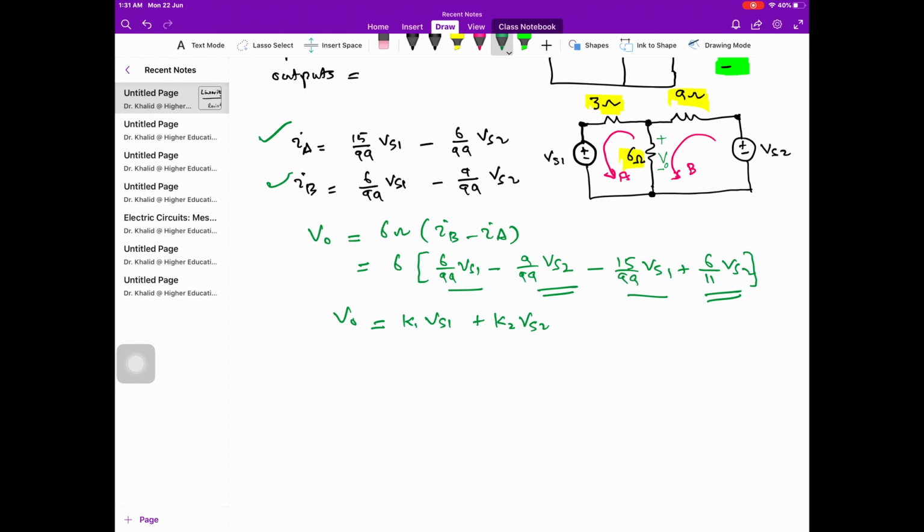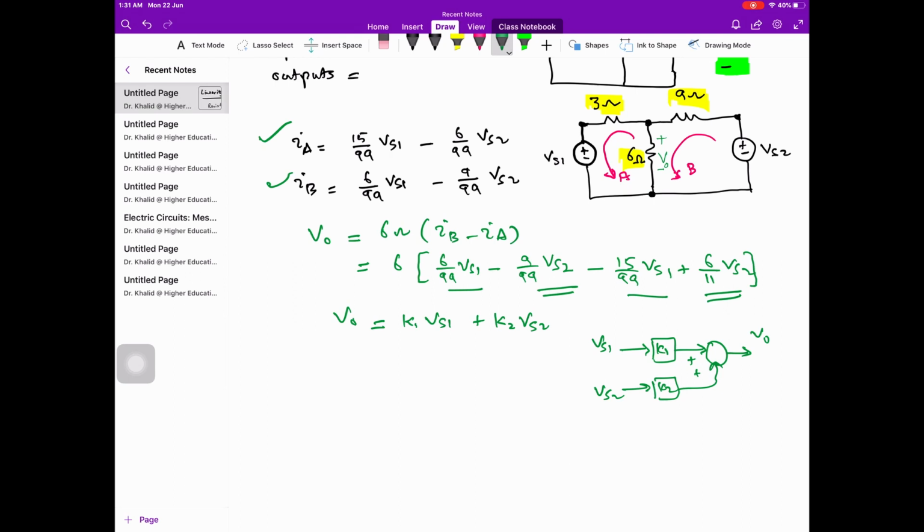Due to this equation, we can express it in the form of a block diagram: VS1 multiplied by K1 and VS2 multiplied by K2. We add these two, the signs are plus, and this is VO. This is the block diagram representation.